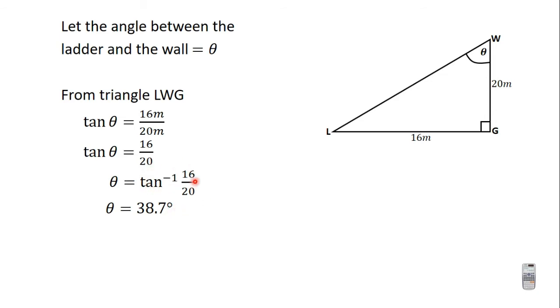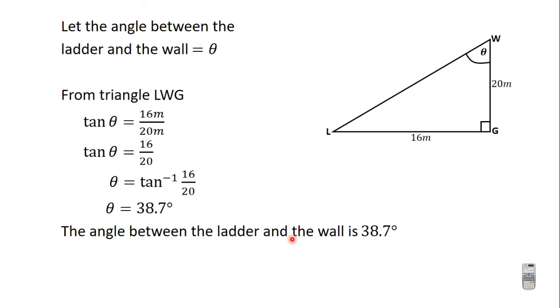If you find this on your calculator and correct your answer to 3 significant figures, you are going to have 38.7 degrees. If you watch the video on approximations, I explained how to correct your answer to a given significant figure. So it means that the angle between the ladder and the wall is 38.7 degrees.